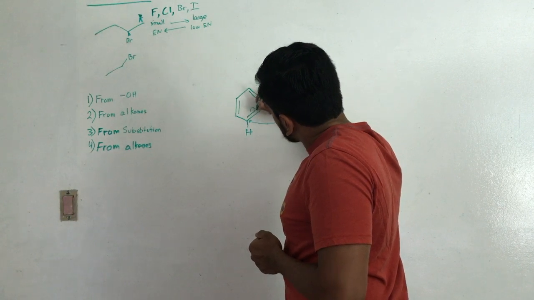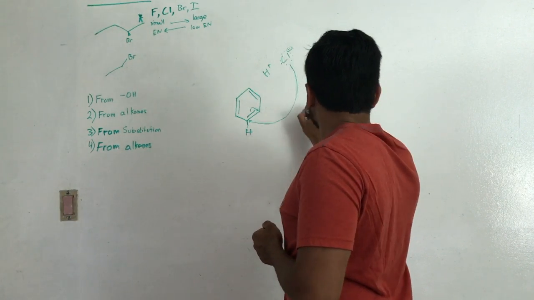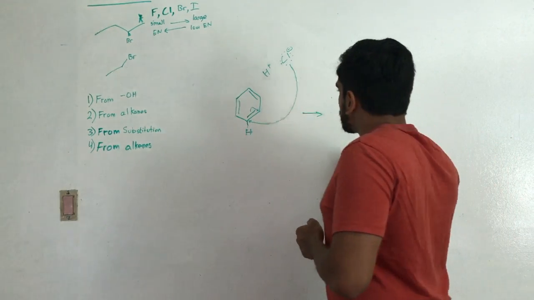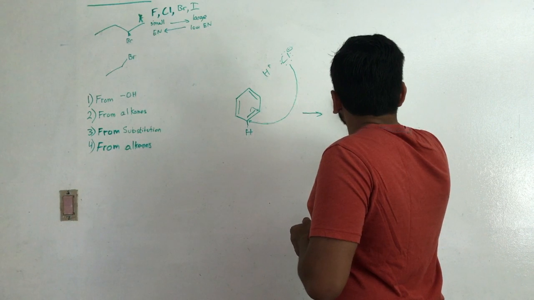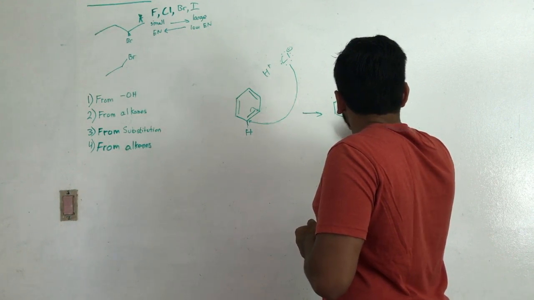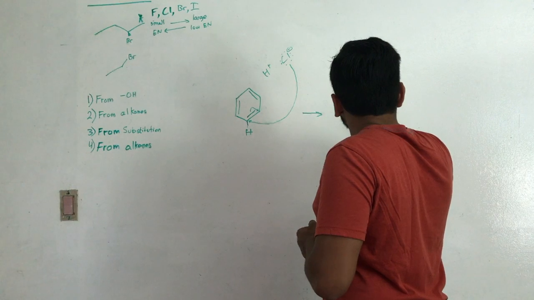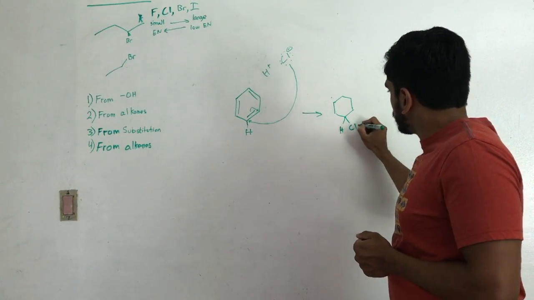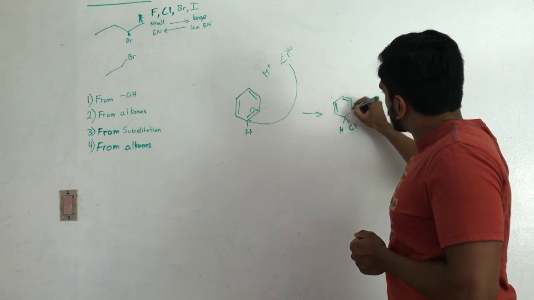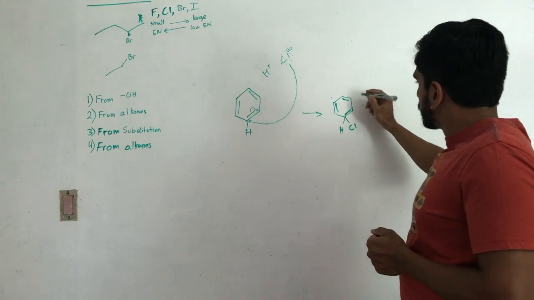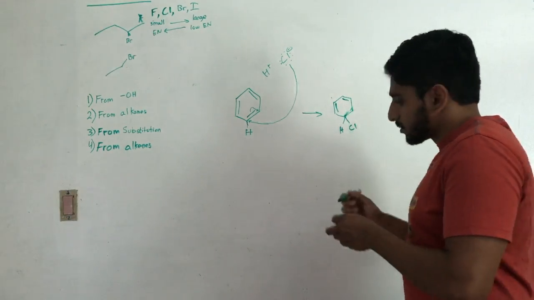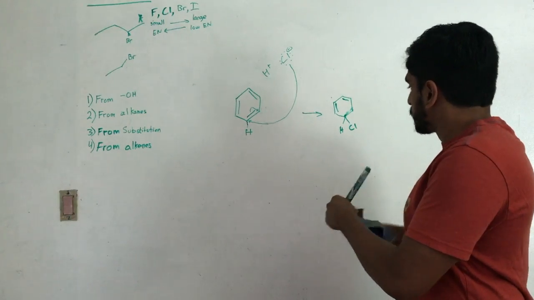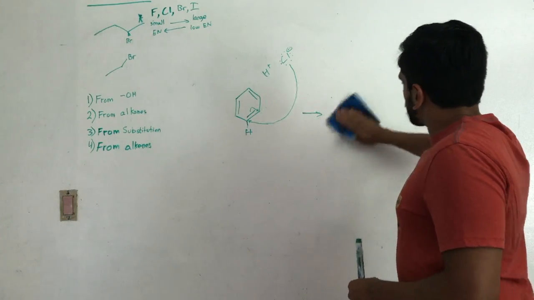These electrons then kick to this carbon and make it negative. So now you have a carbanion. So now what you have here is a hydrogen and a chlorine. I'm just going to redraw that a little bit bigger.